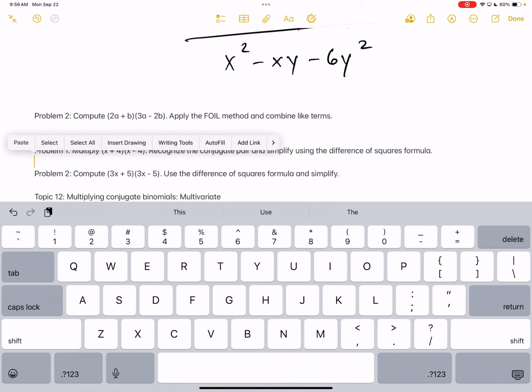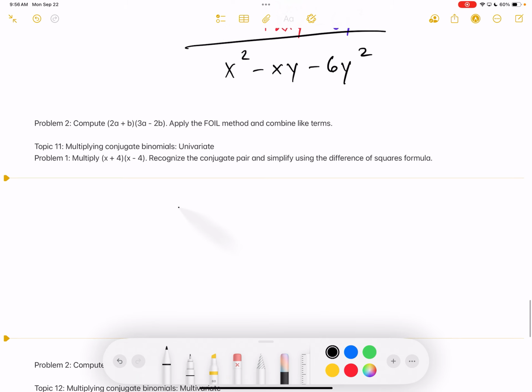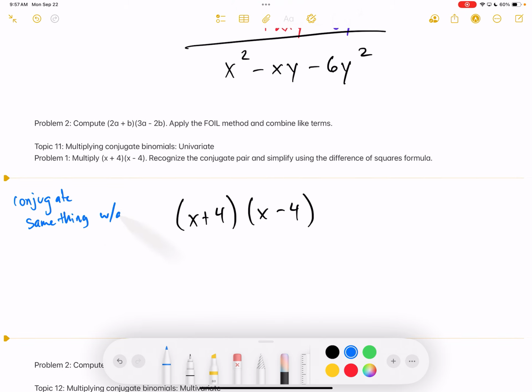All right. Honestly, on this one, these are called conjugates. Conjugate means they're the same thing with a different middle sign, if that makes sense.